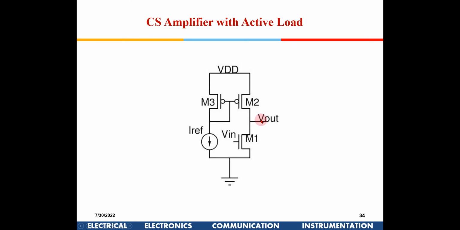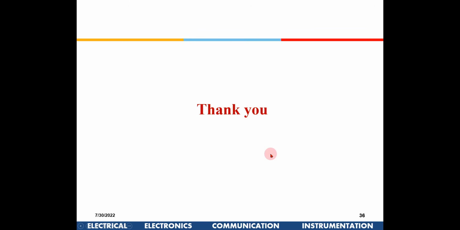Understood? Because mu p is almost half of mu n. If I keep the width of this transistor double that of this, I will get VDD by 2 here. Is it okay? Yes, sir.